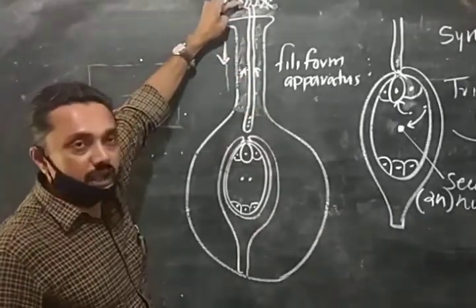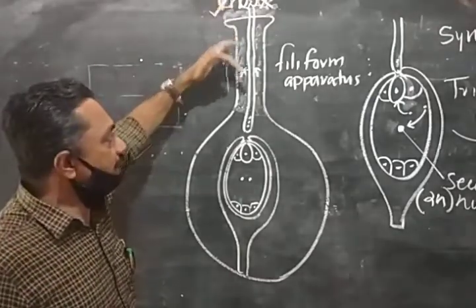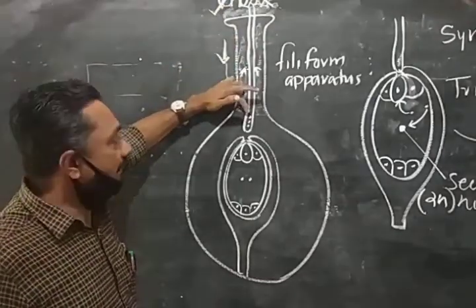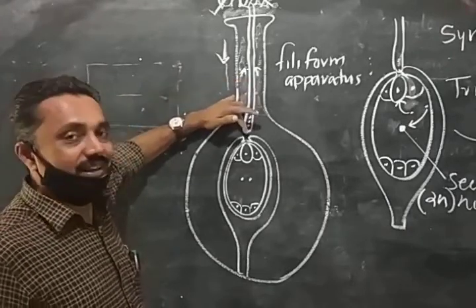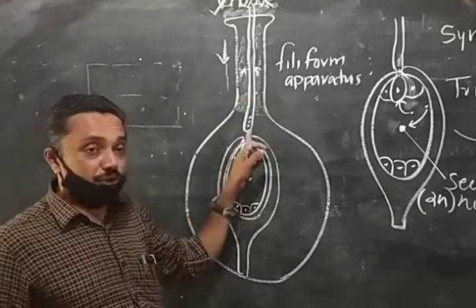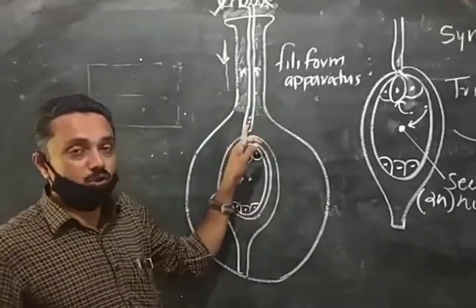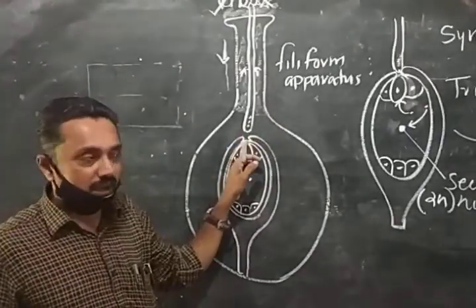The contents of the pollen grain, the vegetative nucleus and two male nuclei, enter the pollen tube, with the vegetative nucleus coming first and the two male nuclei behind it, and it reaches the micropylar region.